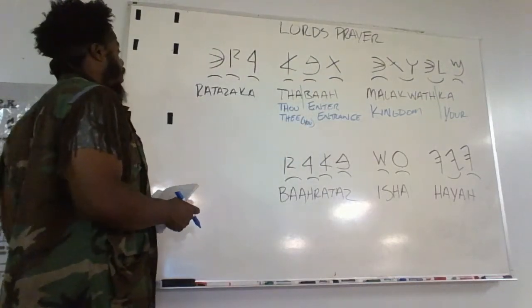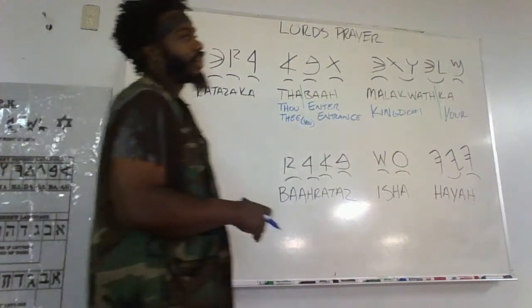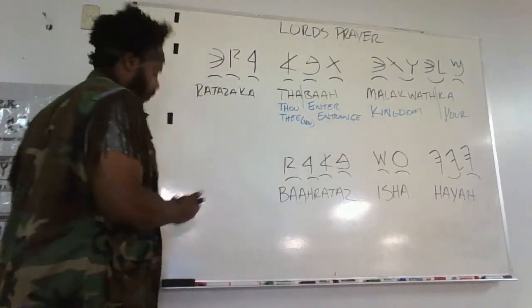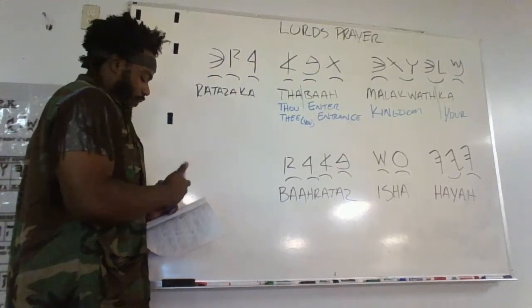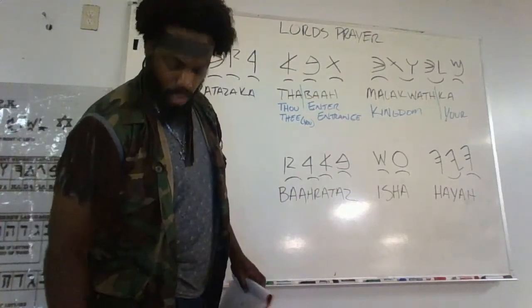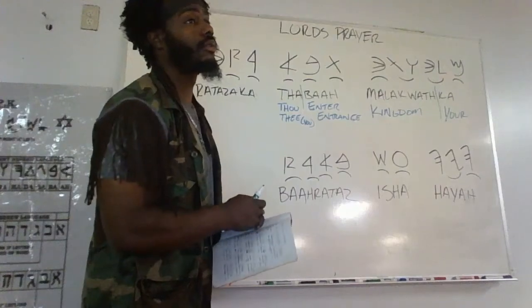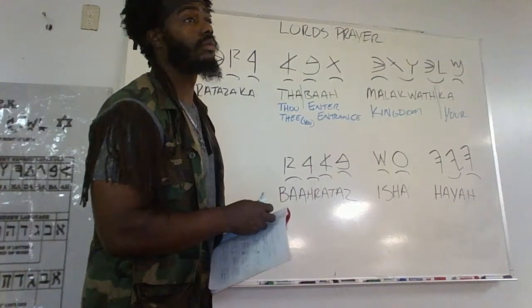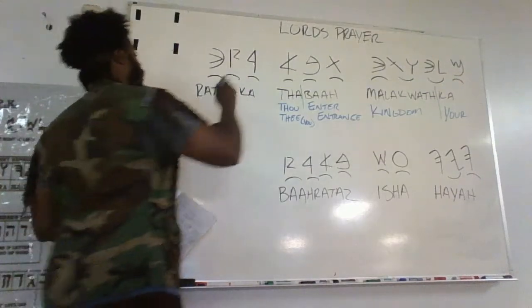All right, we have Ratzazaka. Ratzazaka. All right. So do I have a prefix or a suffix? Let me know. Raise your hand. What you got? Suffix. What's the suffix?